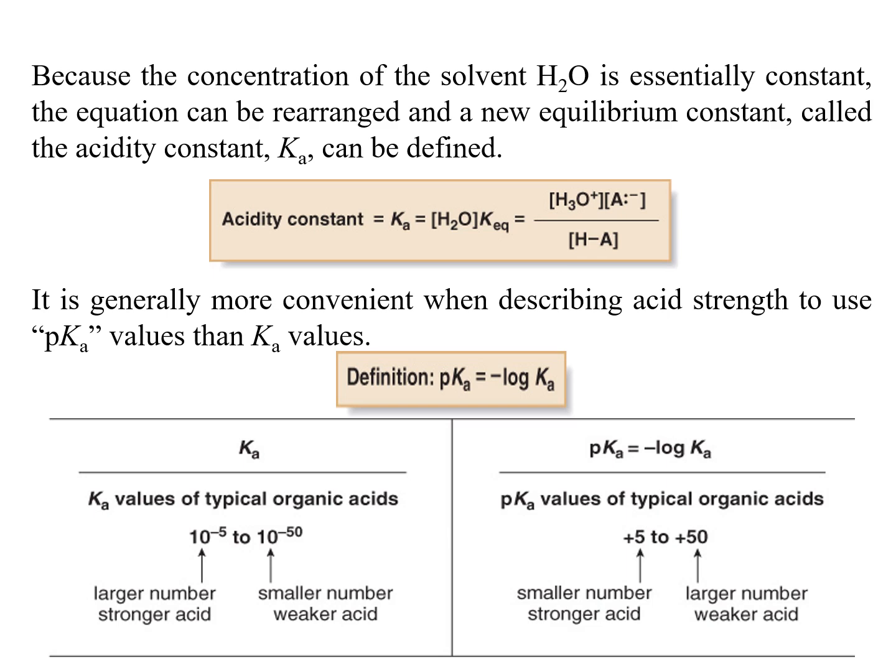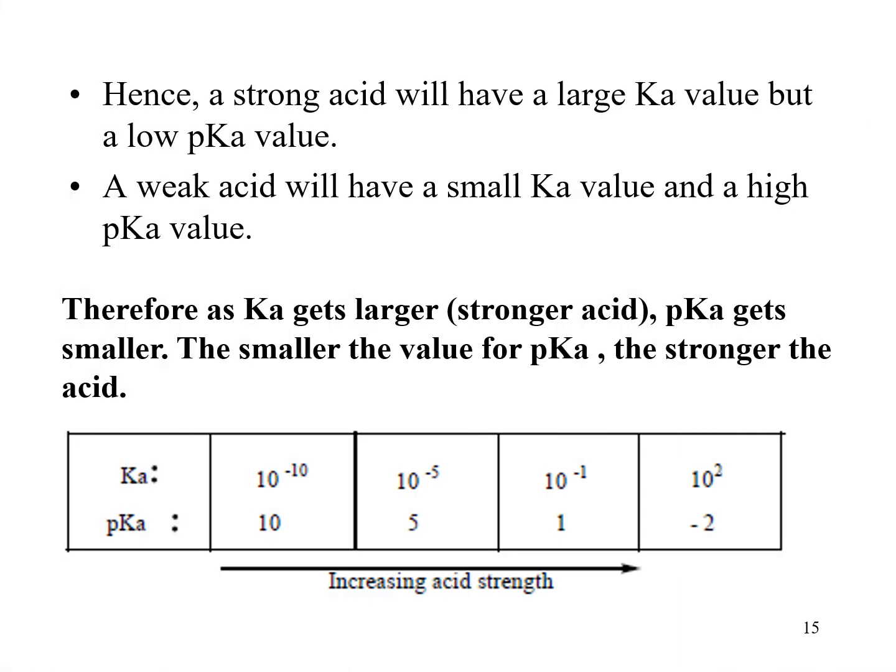So a large Ka value and a small pKa value indicate a stronger acid. For an acid to be strong, it's going to have a high Ka value and a low pKa value.